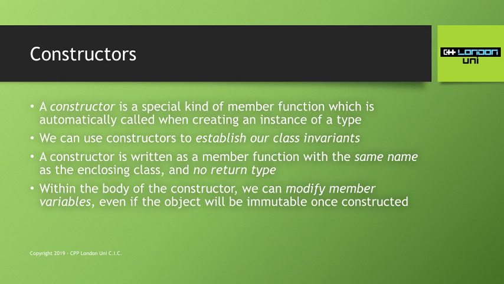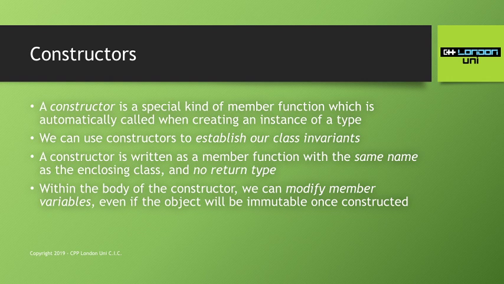Within the body of our constructor, we are allowed to modify our member variables, even if the type, when constructed, will be const. Because as I've been using this very careful formulation, we can never change it after it has been constructed. But while we are in the process of constructing it, we can modify the values.